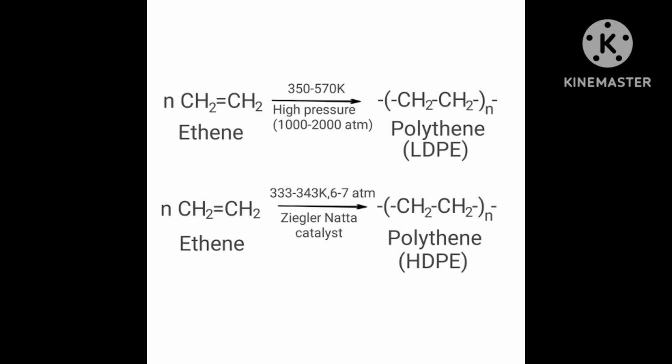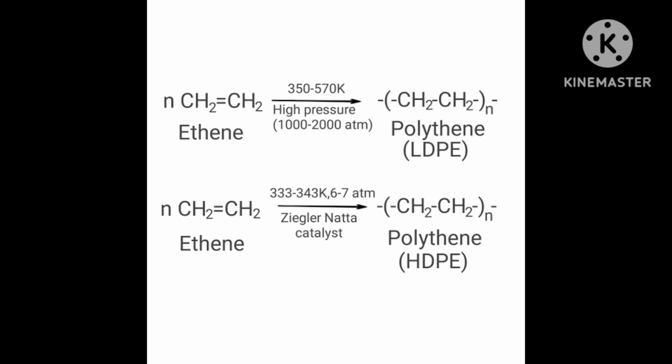Okay, the reaction will stop. The only conditions you have to maintain are 1000 to 2000 atmospheric pressure, temperature 350 to 570 Kelvin, and peroxide as the catalyst. Then you will get a highly branched structure. Okay, that will be low density polymer, low density polythene, LDP.